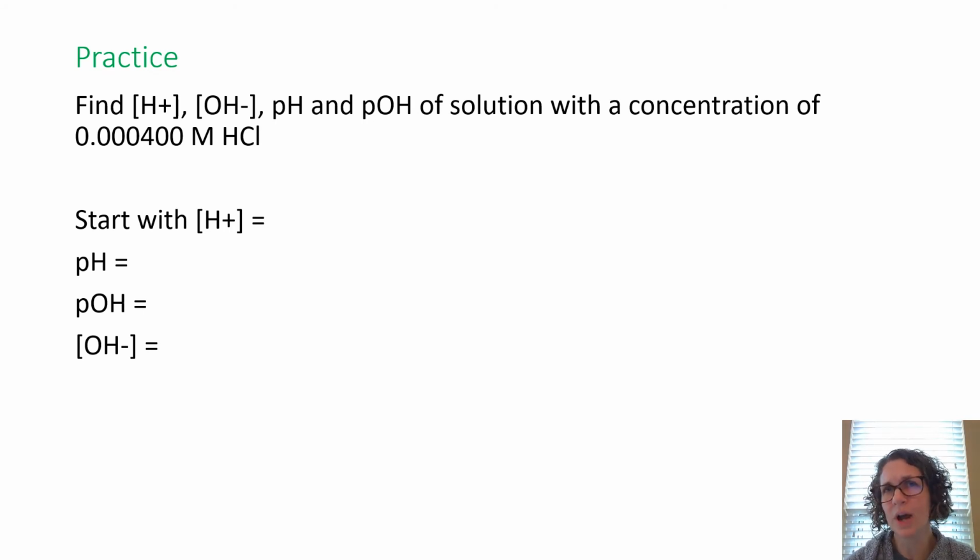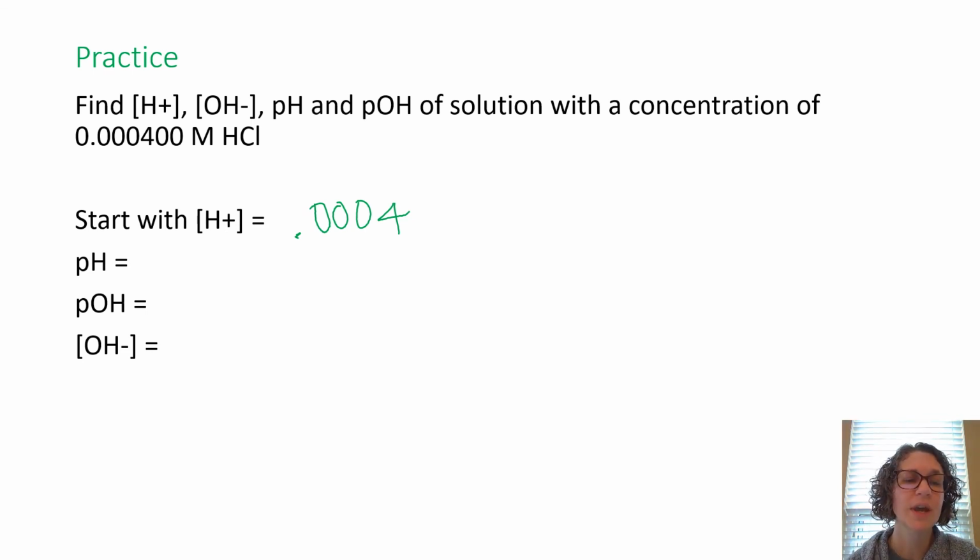I'll be more specific than this on the problems that I give you. Hydrochloric acid is a strong acid, which means the concentration of the acid itself is also the concentration of the hydrogen. So I know that my H concentration is 0.0004. On the problems that I give you, I will give you that number already, or I'll give you one of the other numbers.